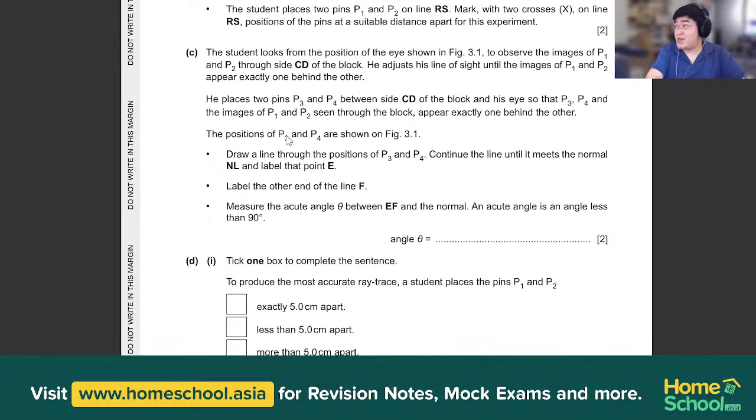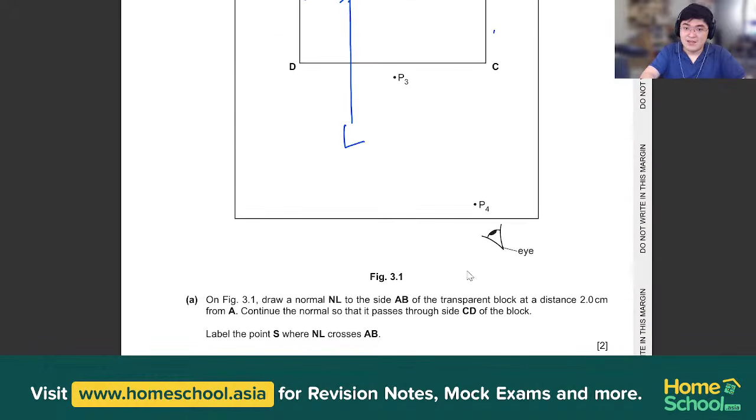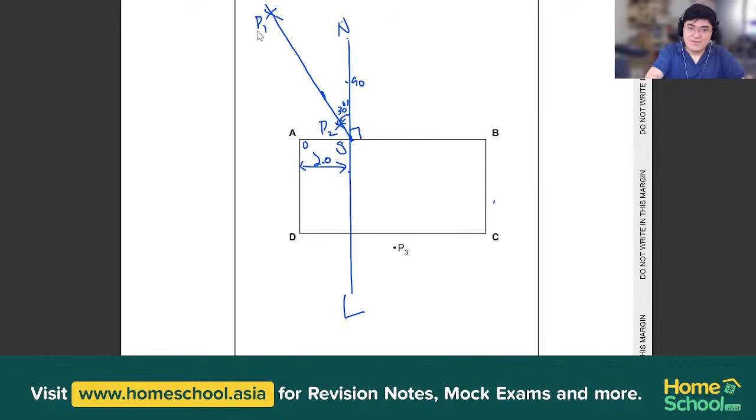And these positions of P3 and P4 are shown. Let's take a look at our diagram again. As you can see, the student put his eye here. P3 and P4 have been marked for you. From their angle, P3 and P4 and P1 and P2 look as if they are in one nice straight line because of refraction.